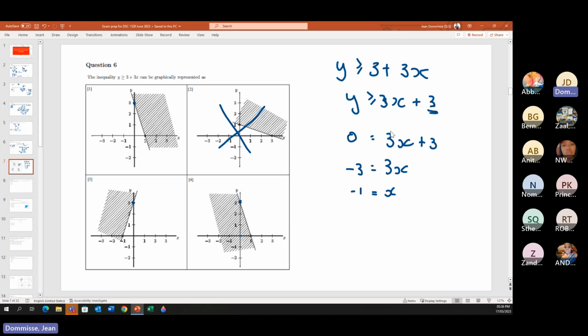Okay, so if I have y equal to 0, so basically on that line, x must be equal to -1.